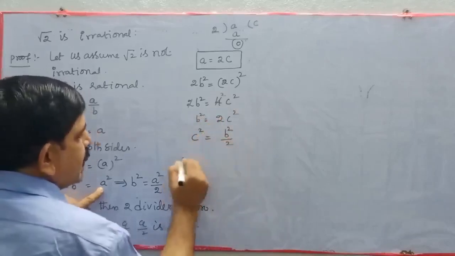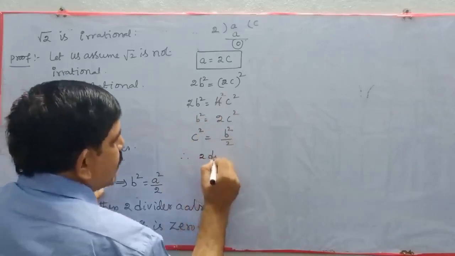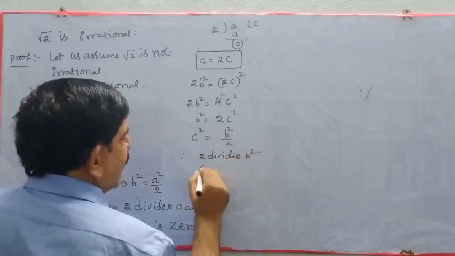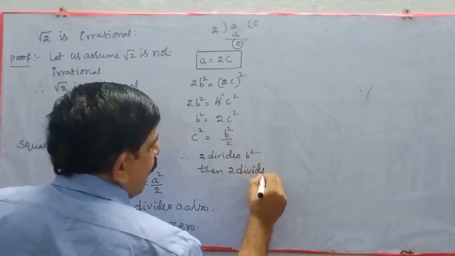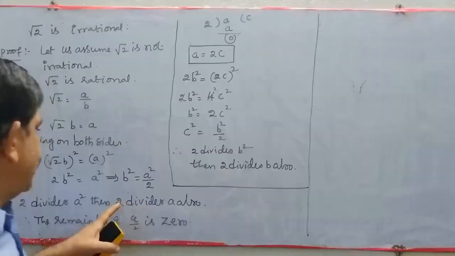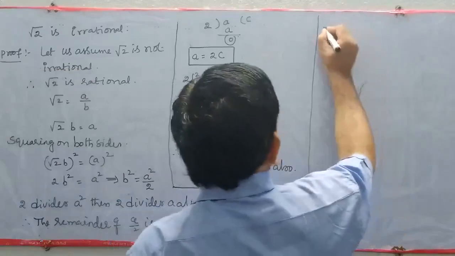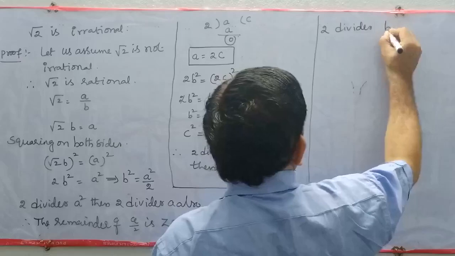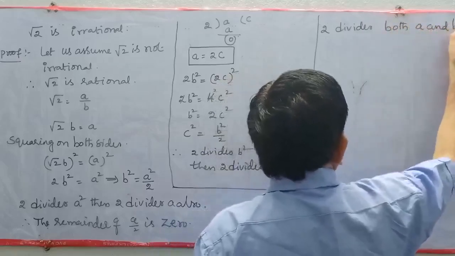That means, therefore, here 2 divides b square, then 2 divides b also. Combine these two statements, we get 2 divides both a and b.